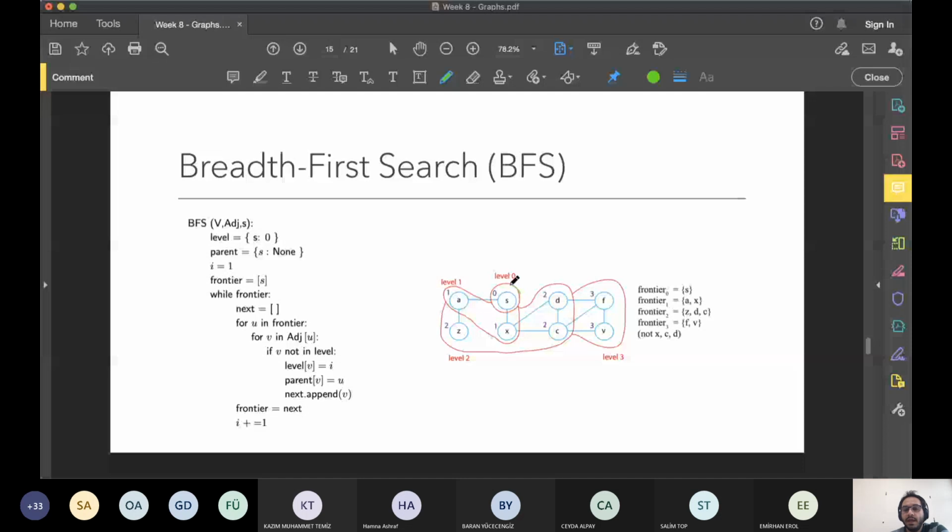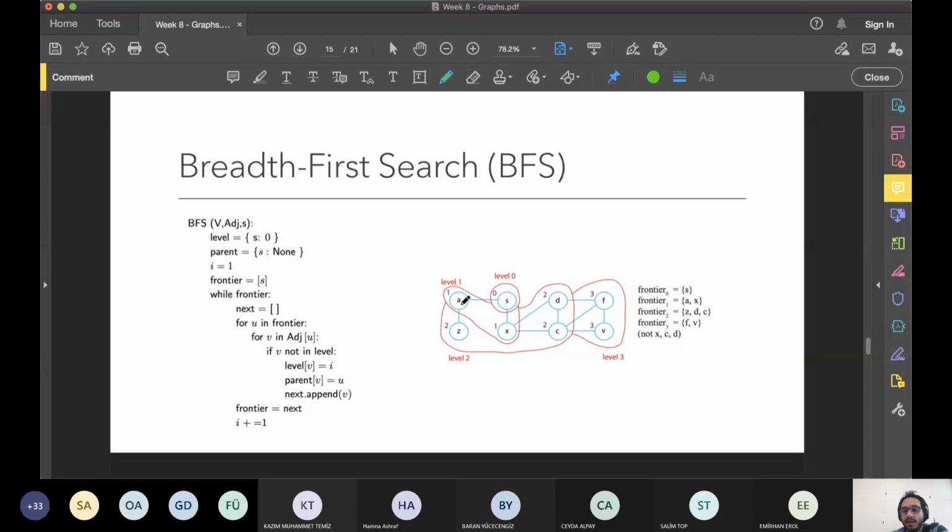What are the immediate neighbors? A and X, right? So this creates a level 1 frontier, because the level 0 frontier is just S. We started from here, and then by taking only one edge, what vertices can we visit? A and X. So this creates frontier 1.